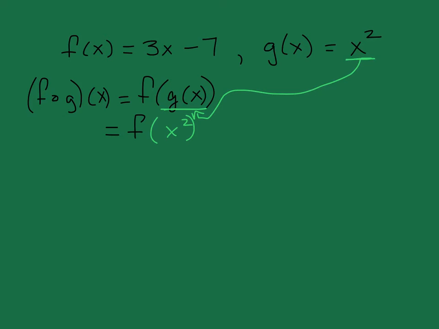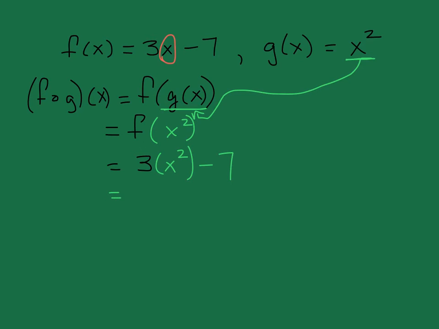So f of x squared tells me to put x squared in place of the x in the function f. So that will give us 3 times x squared minus 7.